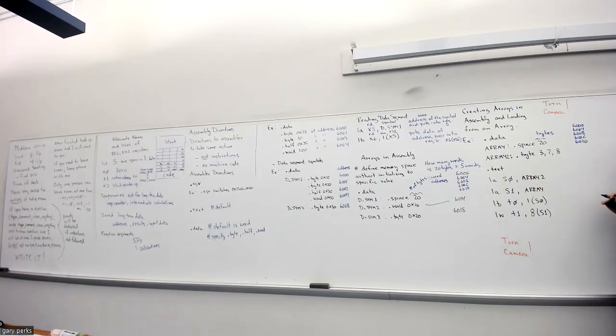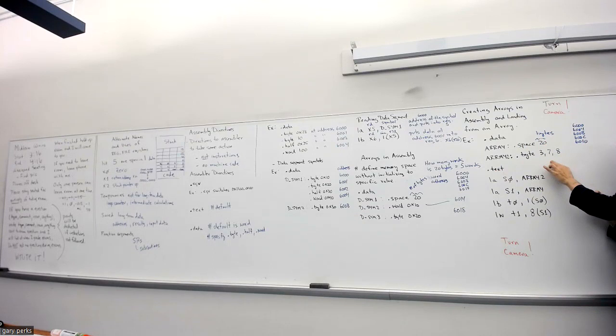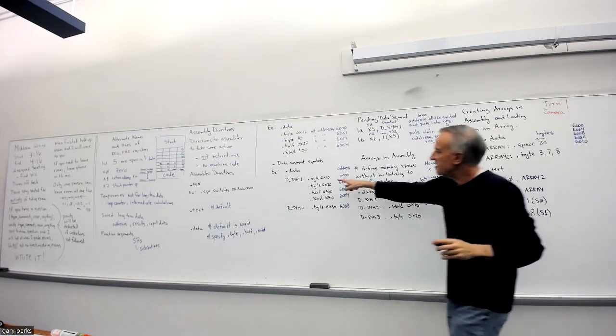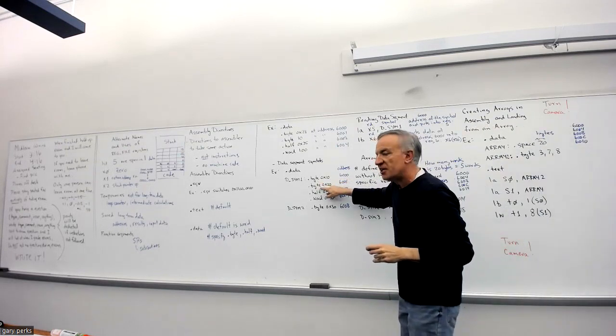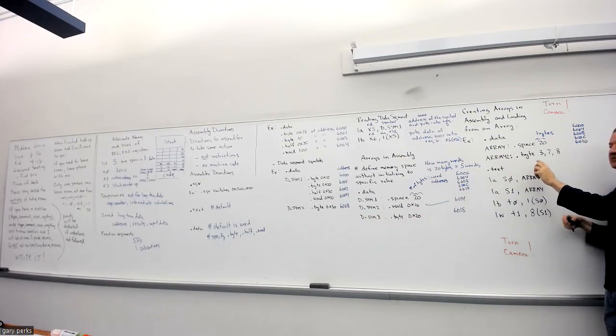We're just allocating that portion of the data segment. But now for this symbol array 2, I'm actually specifying the data. These are 3 separate bytes. Instead of writing a byte on each line like I did here, you can put it on one line: byte with data 3, byte with data 7, byte with data 8.